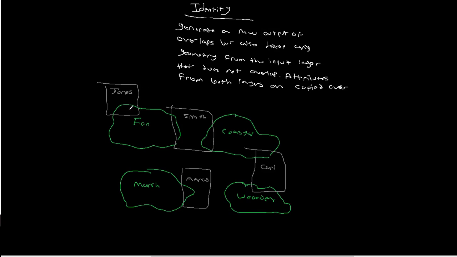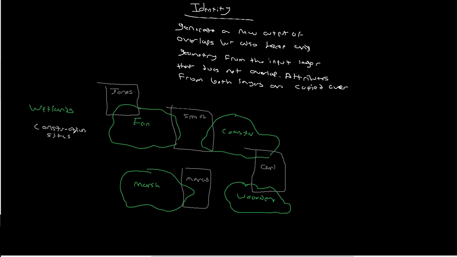So we have our wetlands, and we have our construction sites. This is the same setup as before. I've just reduced the number of construction sites a little bit, just to make it a little bit easier.